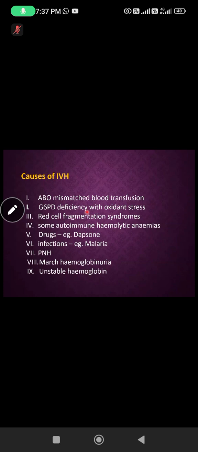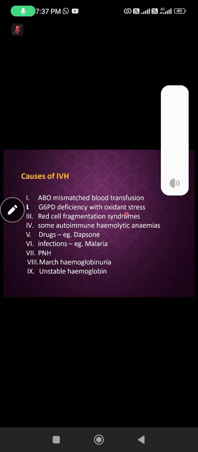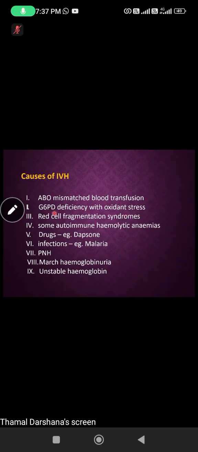Mainly, the hemolysis in G6PD deficiency occurs inside the spleen, extravascularly, but rarely, occasionally, G6PD deficiency can cause intravascular hemolysis as well.